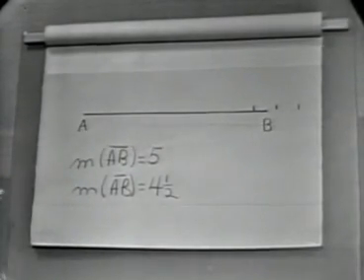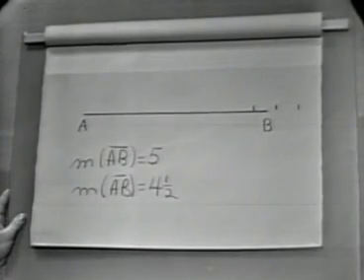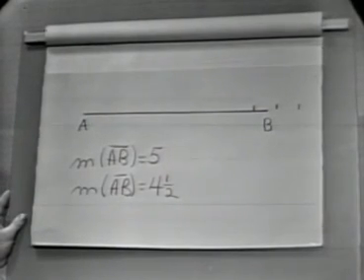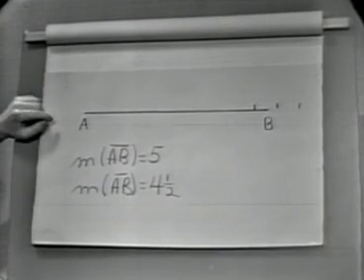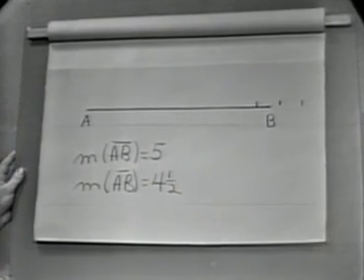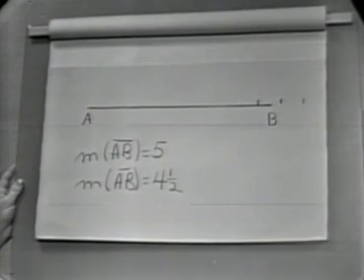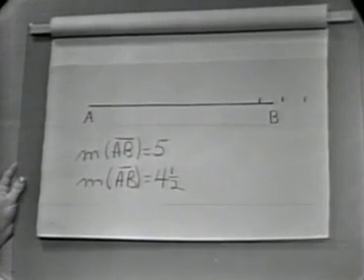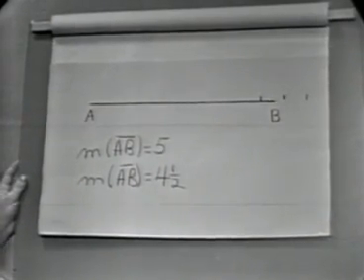We could use still other smaller scale divisions, and we can make a more precise measurement. The segment AB has an exact measure. However, using any of our rulers, we obtain an approximation of that measure.